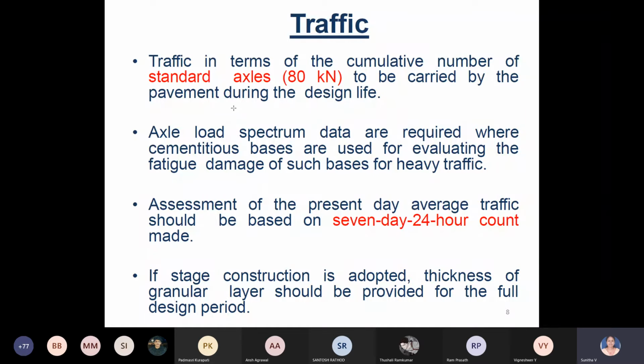But because of the flexible pavement, stage construction is possible. Still, keep in mind that the granular layer should be for the full design period, for the 10 years you are projecting. Only the top layers you can do the overlay on.